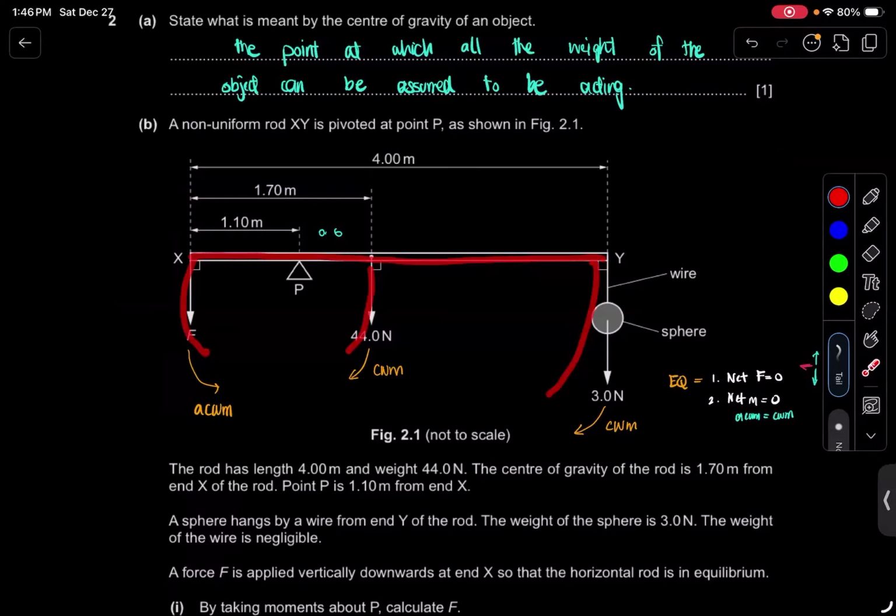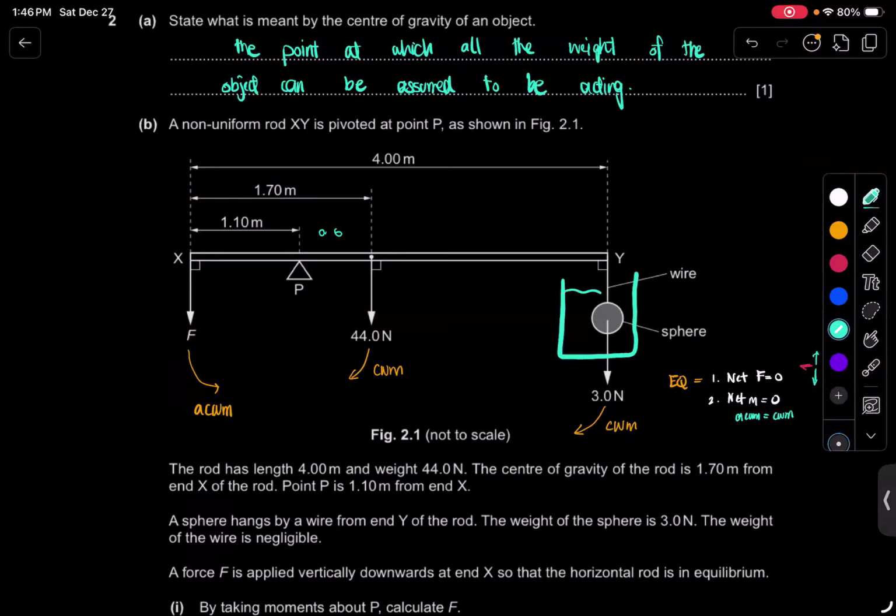But if you use a liquid to cushion the weight of the sphere, then it's going to cancel out some of the effective force of the sphere, because upthrust is going to reduce the effective weight of the ball. Without the liquid, the sphere is just hanging and causing an effective force of 3 Newton, and 3 Newton multiplied by whatever that distance was is equal to the moment.